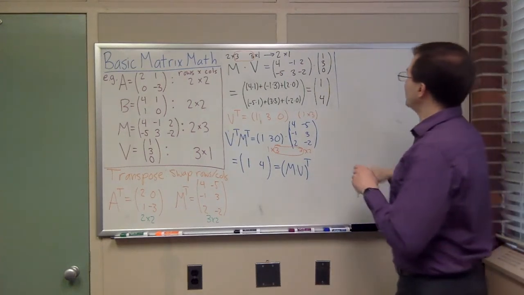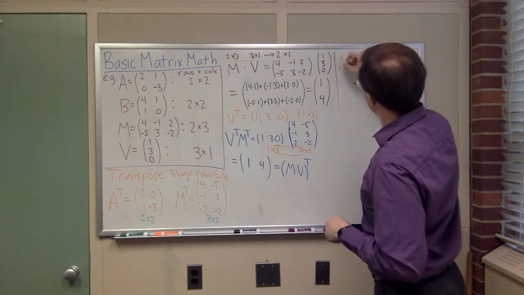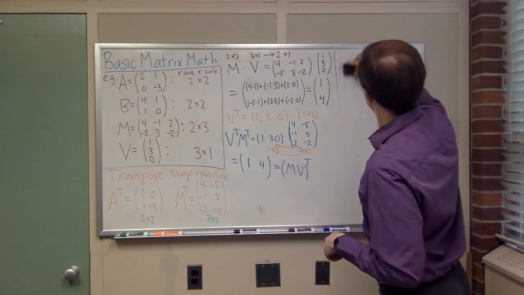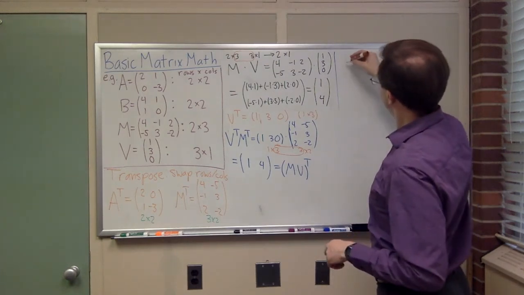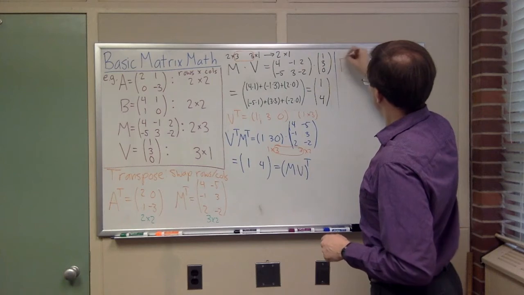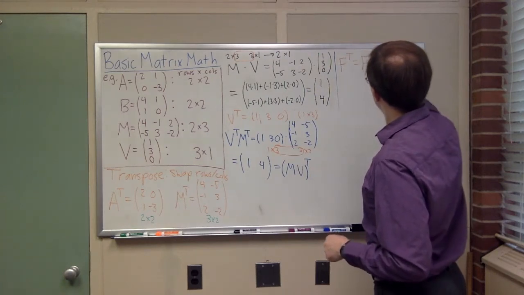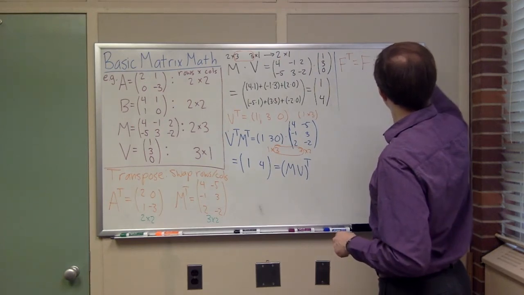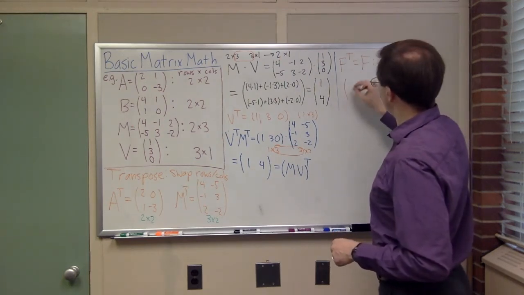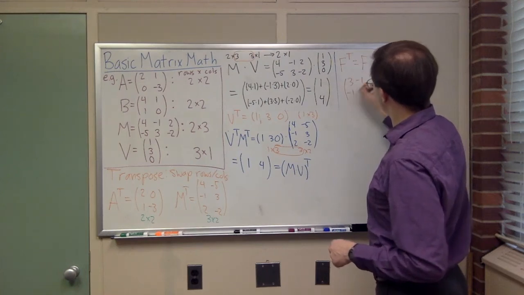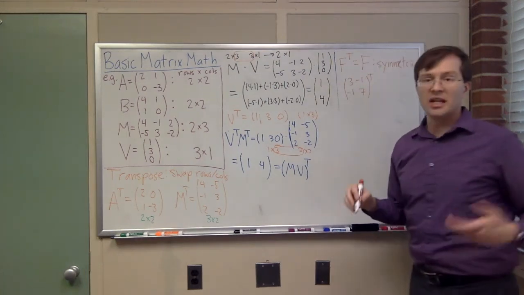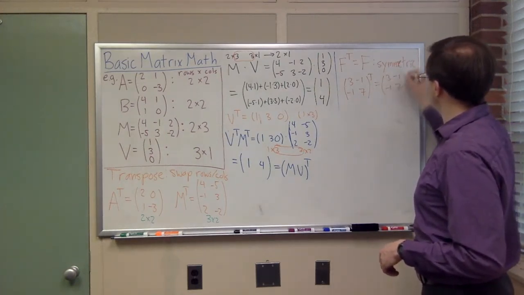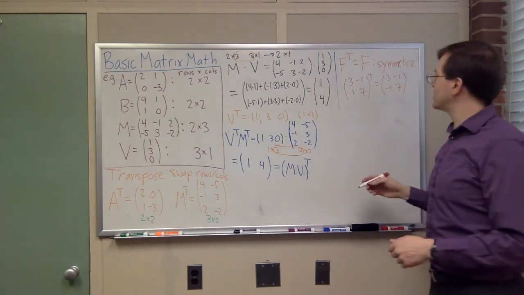We say that if F transpose equals F, that this is a symmetric matrix. So for example, if I have 3, minus 1, minus 1, 7 and transpose it, swapping the rows and the columns gives me 3, minus 1, minus 1, 7. That's symmetric.